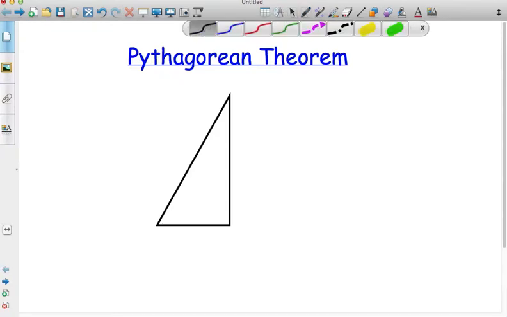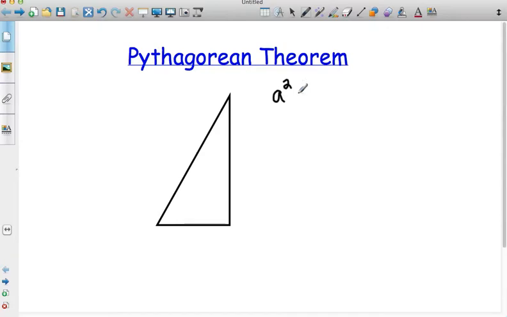The official formula, which you will see, is called a squared plus b squared equals c squared.